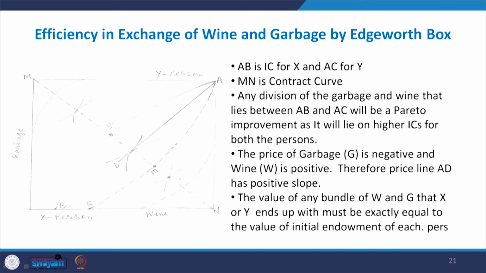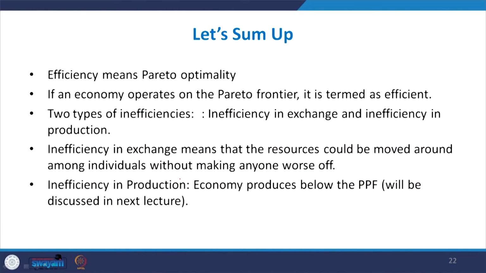Let us now sum up. So, let me tell you in brief what I discussed in this lecture. First, I discussed the concept of efficiency. There are three forms of efficiency which I have discussed: technical efficiency, allocative efficiency and economic efficiency.